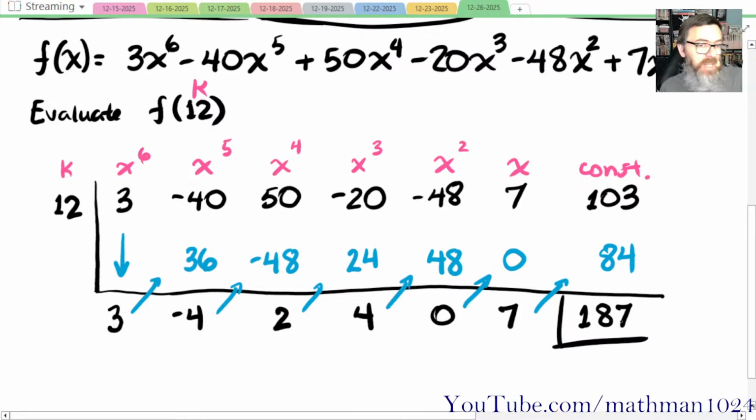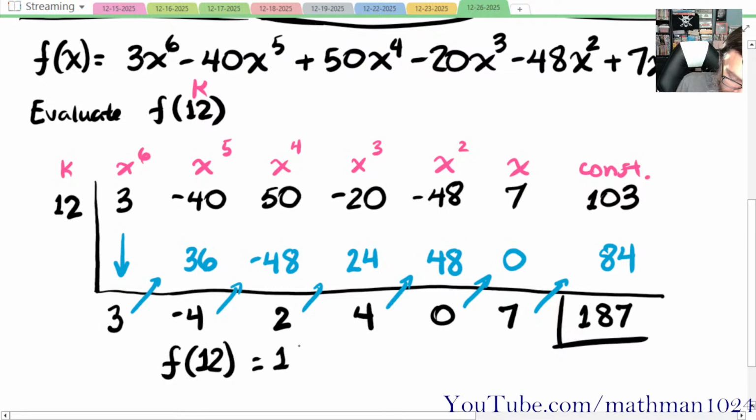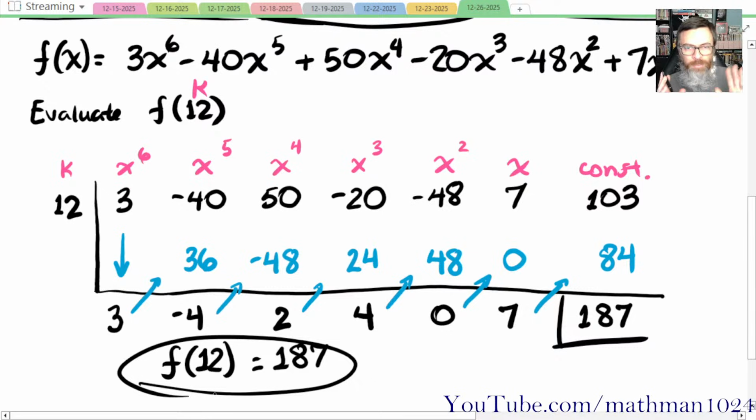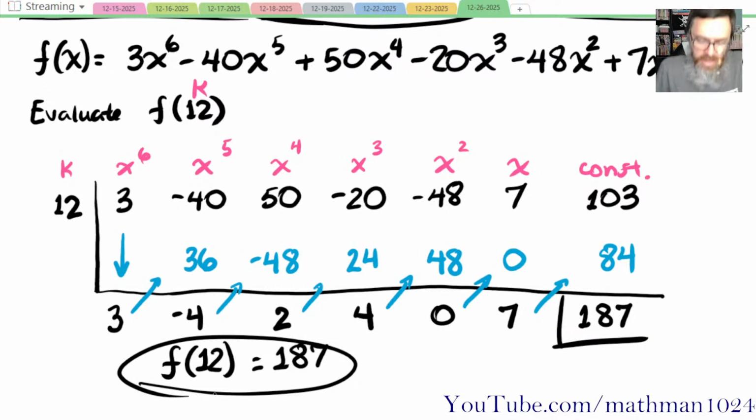So evaluate f of 12. f of 12 is 187. And that's it. The synthetic division was there to provide the work, but it wasn't the answer.